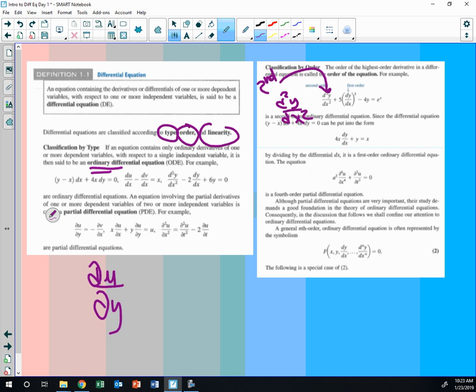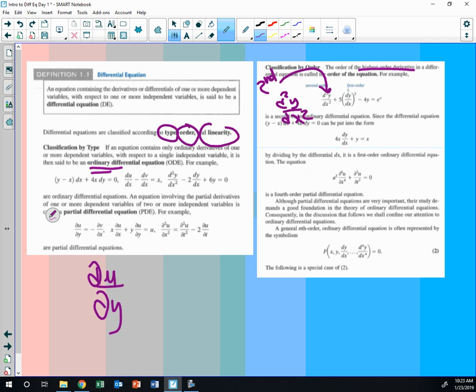If you see dy/dx and it's cubed, that doesn't mean the third derivative. It just means it's the derivative with respect to x, cubed. So first order for that. And so type is partial versus non-partial, ordinary they call it. Order is just the highest power of the derivative.